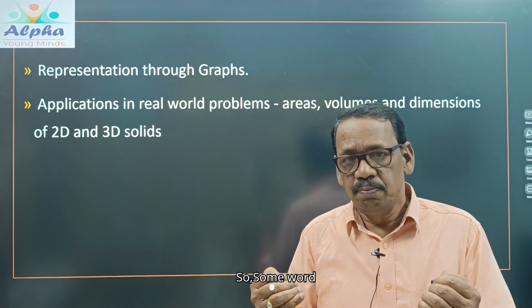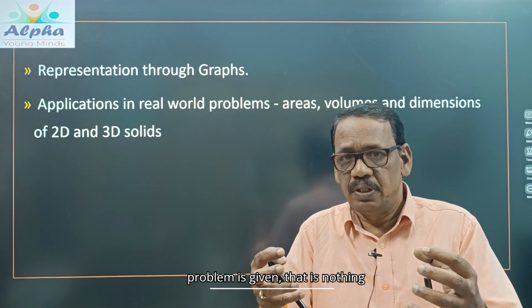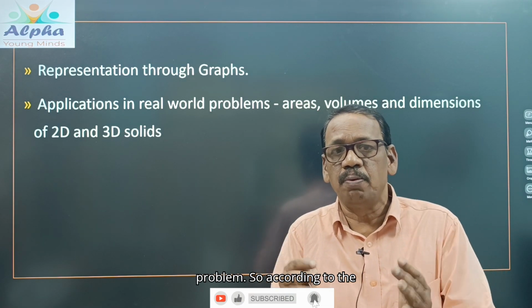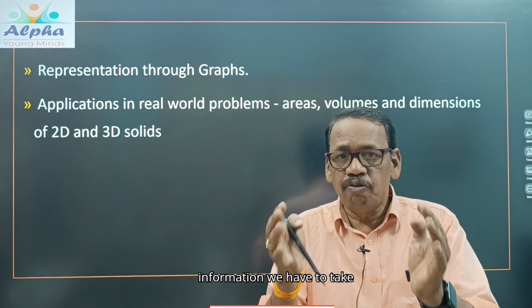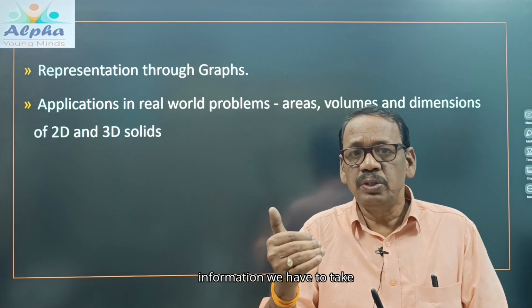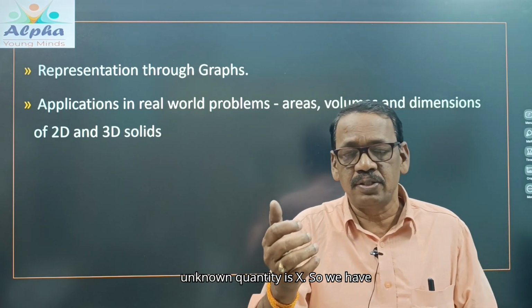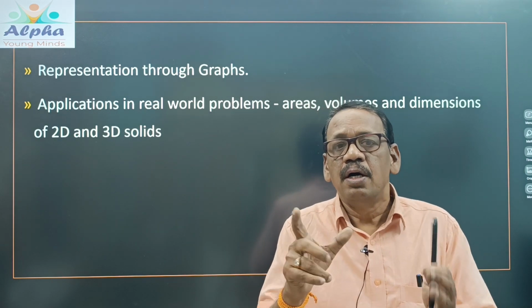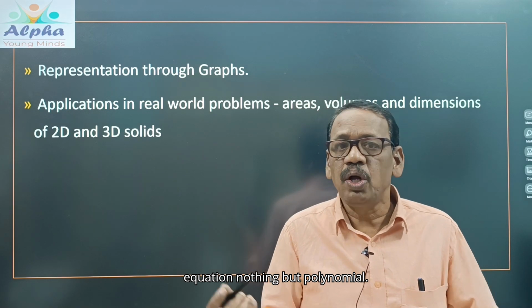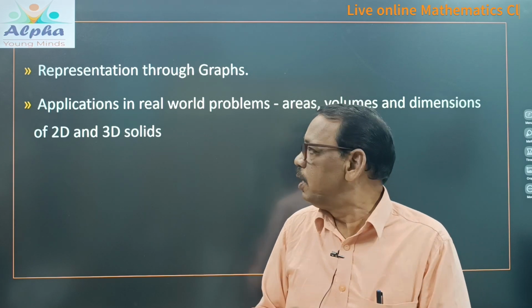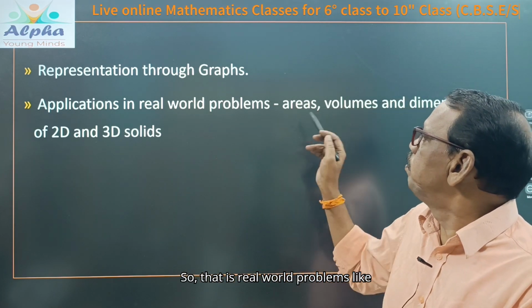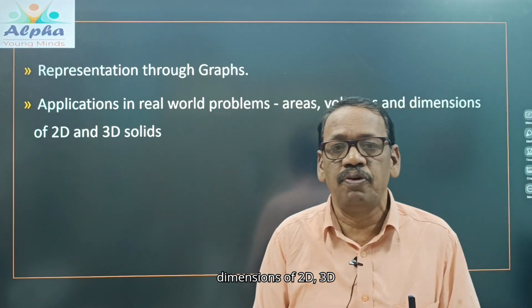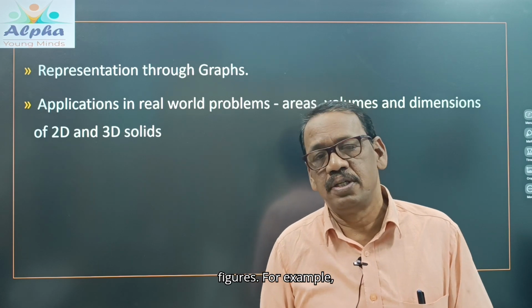So some word problem is given, that is, some information is given in the problem. According to the information, we have to take the unknown quantity as x. So we have to derive the equation, nothing but a polynomial. That is real world problems like areas, volumes and dimensions of 2D, 3D figures.